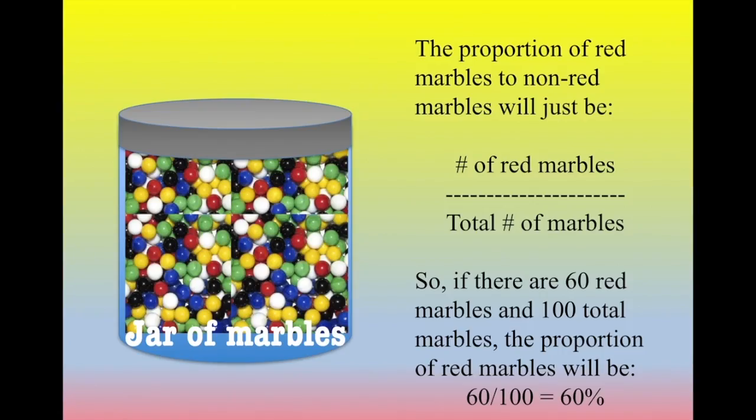So let's go back to the jar of marbles here. Notice that these are all solid color marbles. For this particular population, we can use the variable, let's call it color. That variable, color, has these 6 values in this case: blue, red, green, yellow, black, and white.